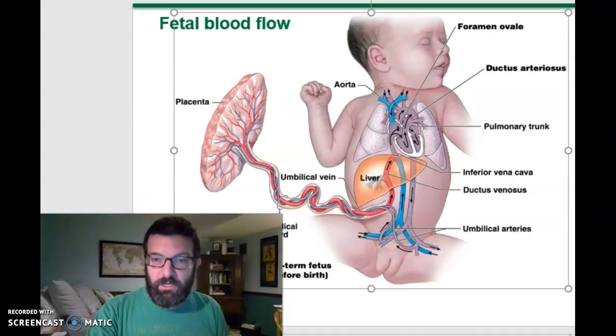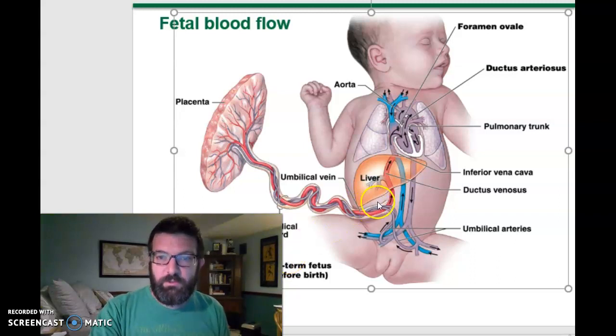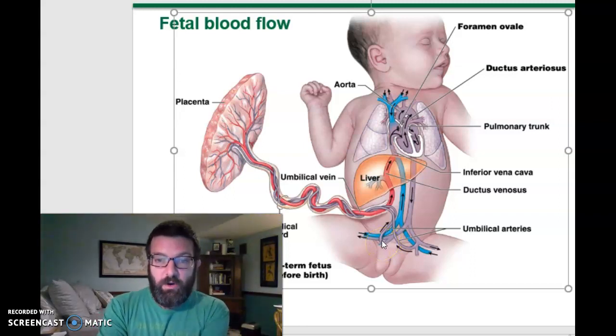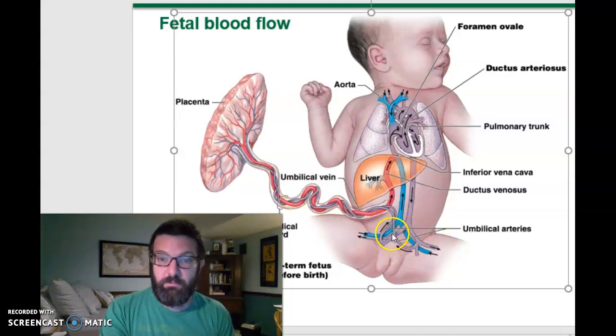And this is essentially what that looks like, right? So here, coming off of the internal iliac arteries, which are deoxygenated in the baby, come your umbilical arteries. And you have two of them, one from each internal iliac, and they come out and go to the placenta. And you have a single umbilical vein that comes back.